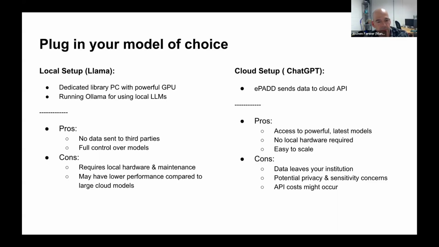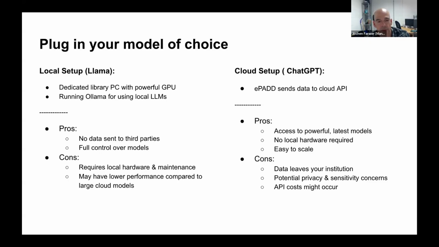And the other limitation is privacy and people being reluctant to send stuff to third parties. Although a lot of companies offer business models where they guarantee that your data is not used for anything, people are still reluctant to send sensitive data.